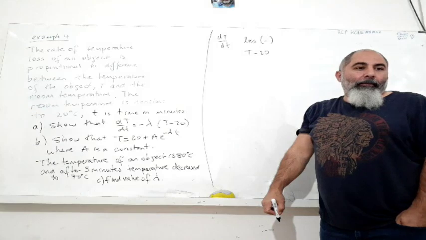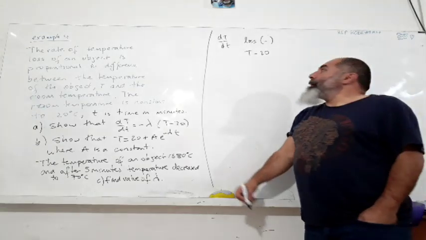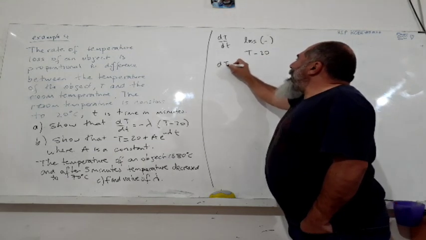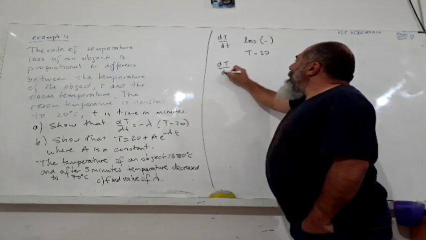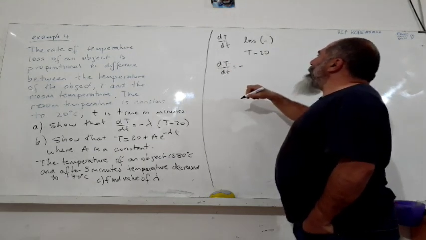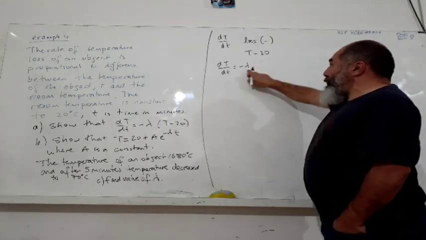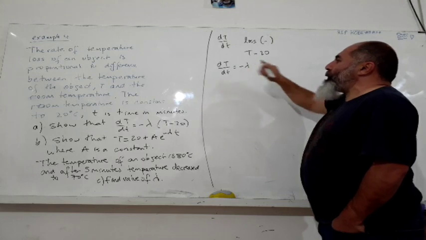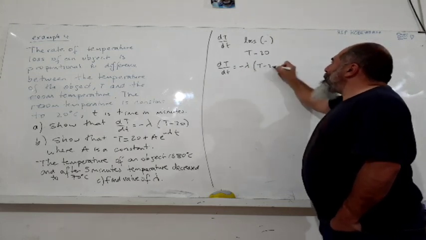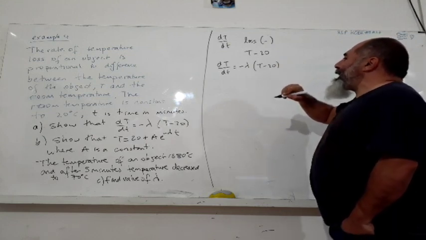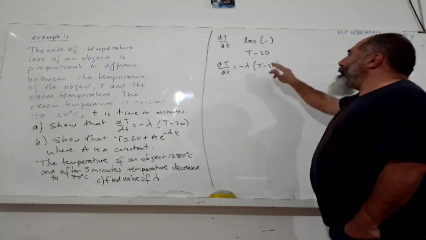So the rate is negative, and proportional, so we have to have a proportionality constant. We have the difference there. So this is for part A.